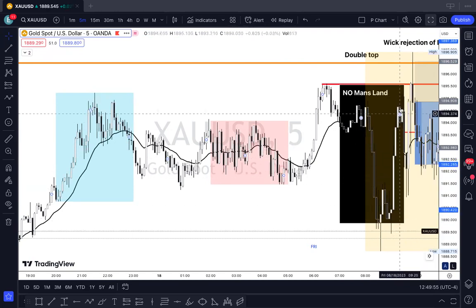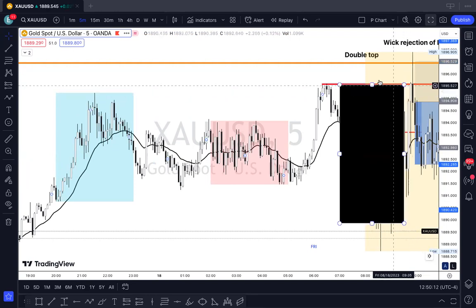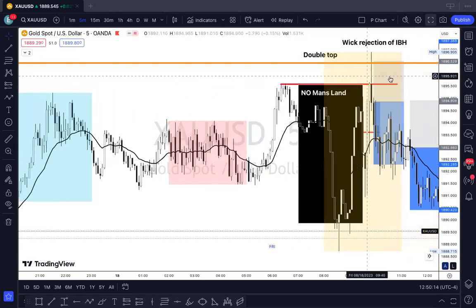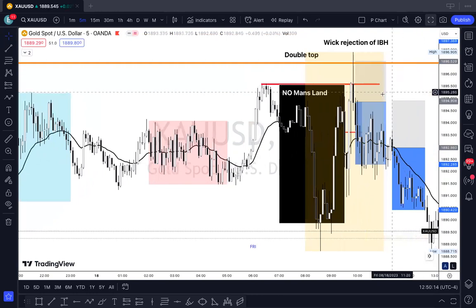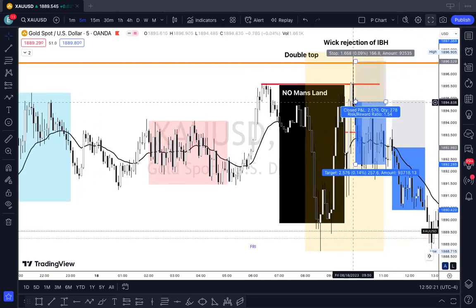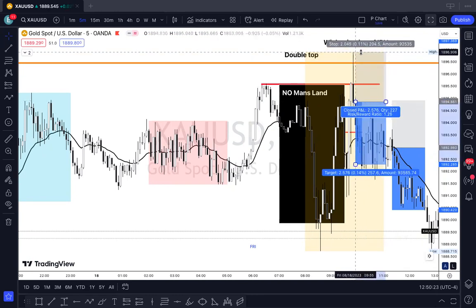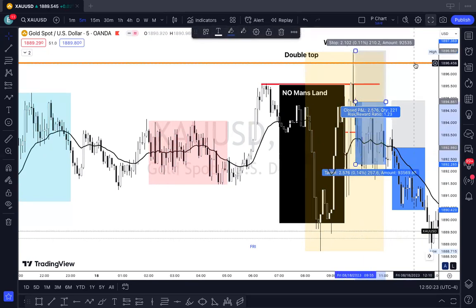They pump it up, retrace, pump up to the high of the day, pin Tuesday's low, and we engulf the previous candle 15 minutes before the third hour. Just like the trades before, we have an entry right here at the pin. So we can have a stop loss right above the high of the day, 20 pip stop loss.